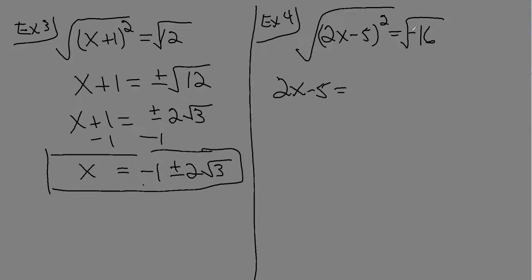Remember, this is equal to the square root of negative 1 times 16. So the square root of negative 1 is i. I can bring that out front. And the square root of 16 is 4. So I can make a slight change with that and make this be 4i with a plus or minus in front of it.